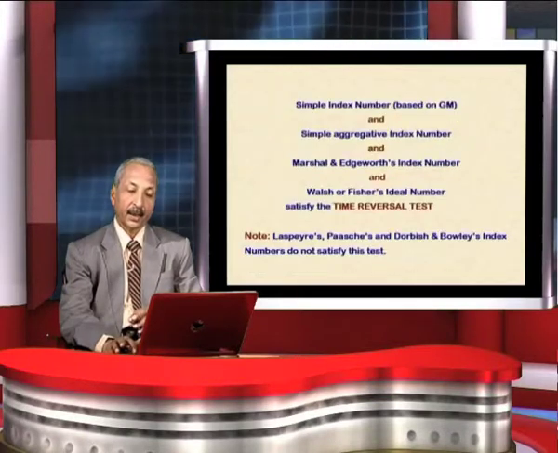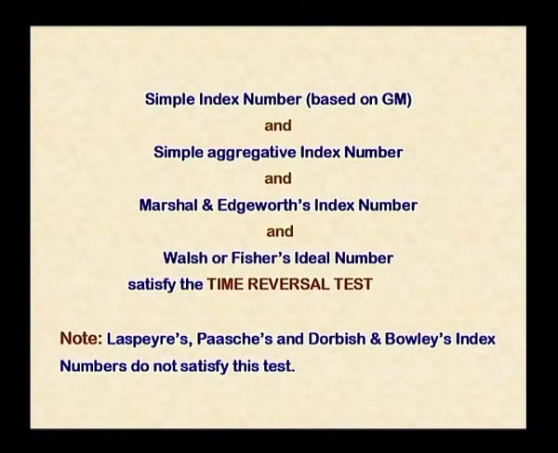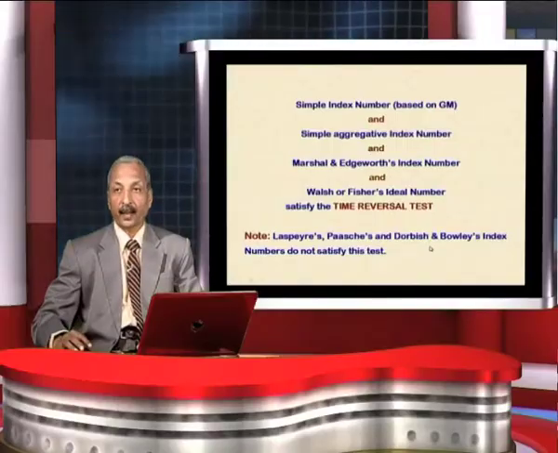Such index numbers are the simple index number based on geometric mean, simple aggregative index number as we have just seen, Marshall and Edgeworth's index number, and Walsh or Fisher's ideal index number. Here we note that Laspeyres, Paasche's and Drobisch and Bowley's index numbers do not satisfy this criteria.